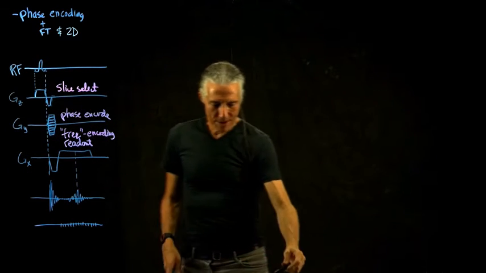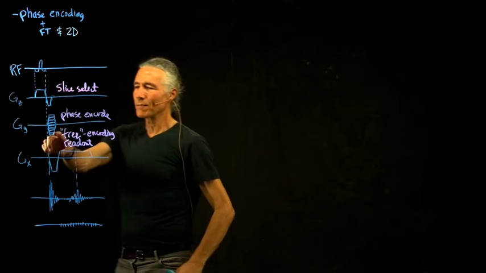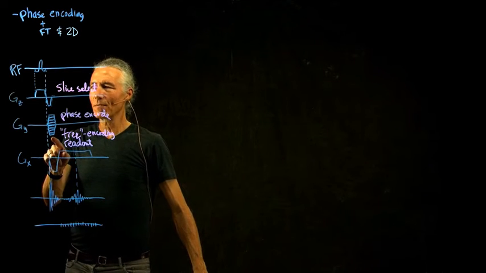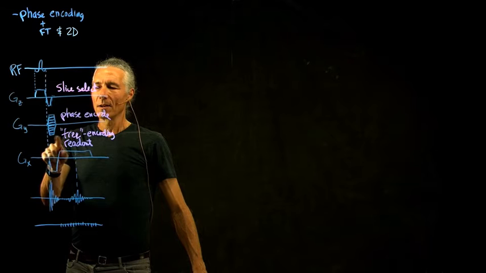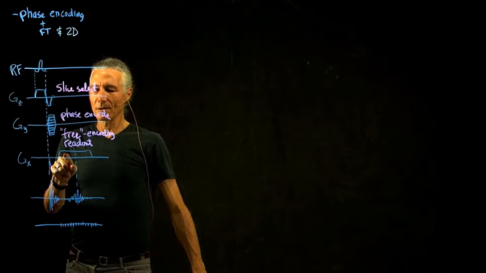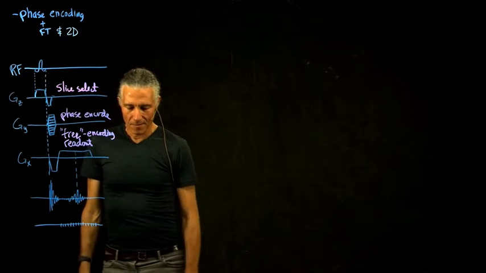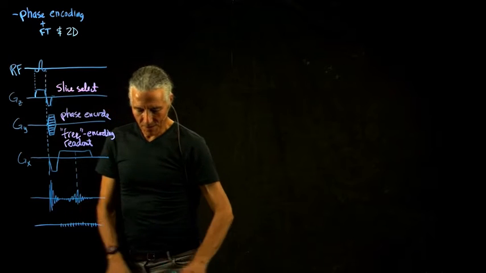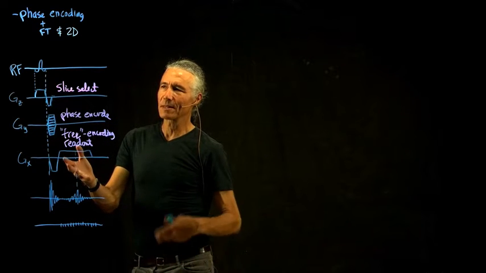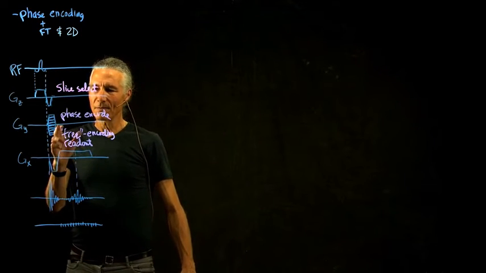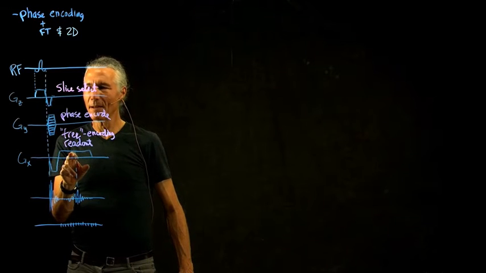So the only difference here is that you've turned the phase encode gradient on earlier, before you actually started any recording. Now, you shouldn't fasten on to that, because it turns out you can turn the phase encode gradient on at the same time as the readout.